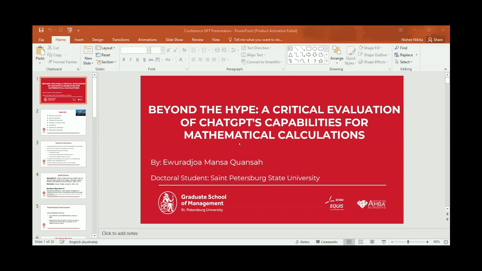So we looked at ChatGPT, and it'll be wise to give a background about it. It was developed by OpenAI, which most of us hopefully know, and released in January 2020, that's GPT-3. For the strategy of the empirical study, we used an experimental research design, which involved mostly mathematical calculations.